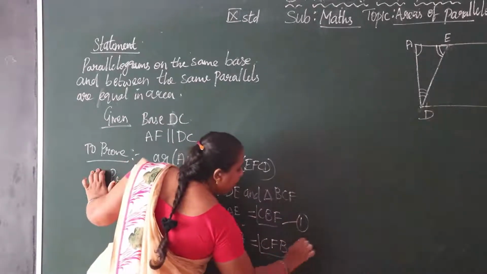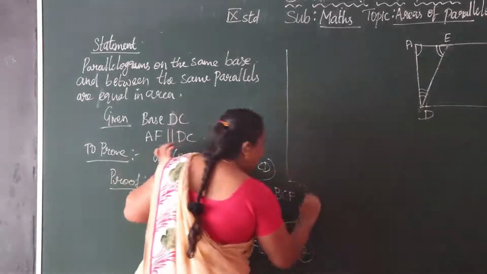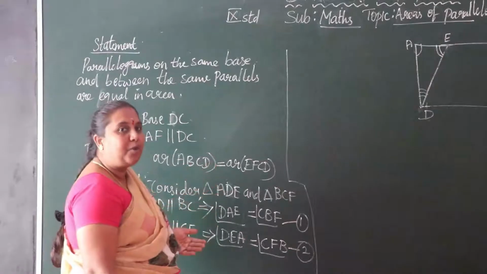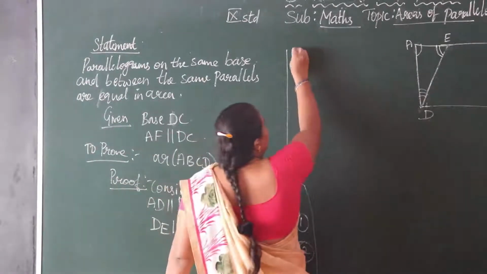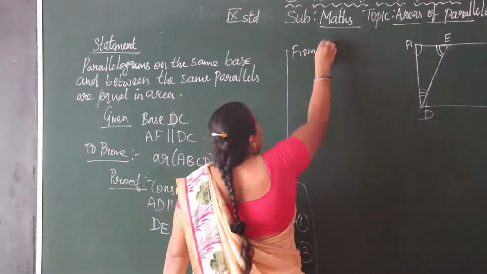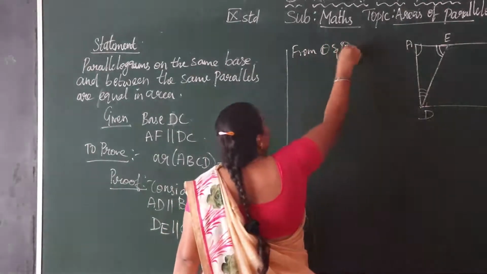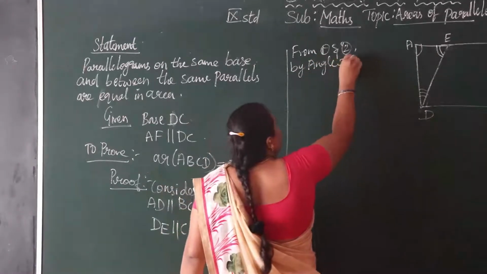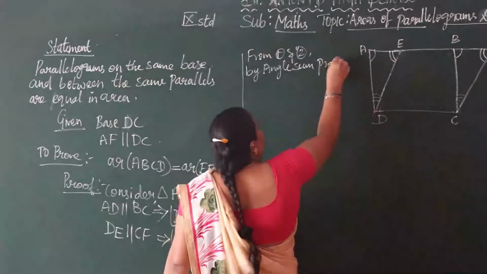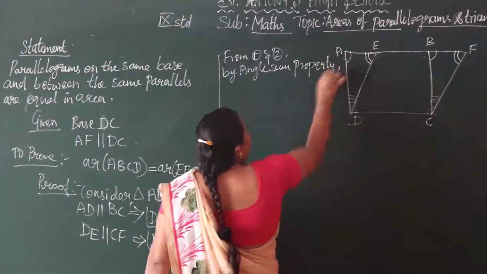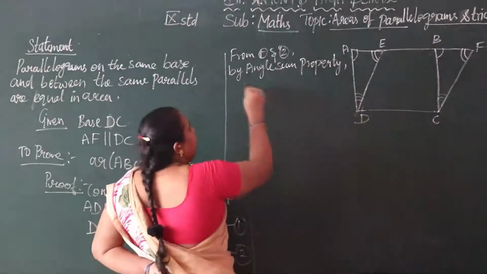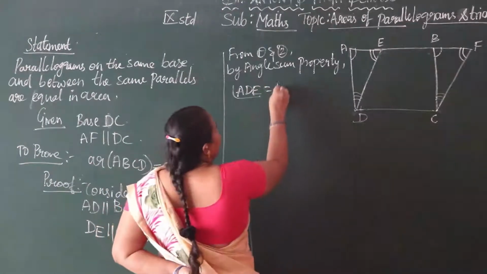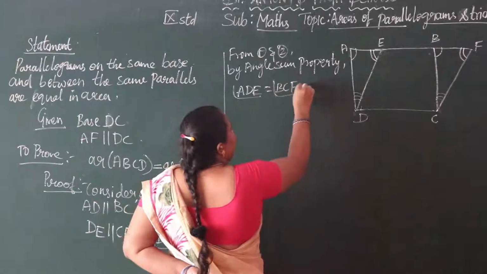Okay, this is equation number 2. See, from equations 1 and 2, by angle sum property we can say angle ADE equals angle BCF.